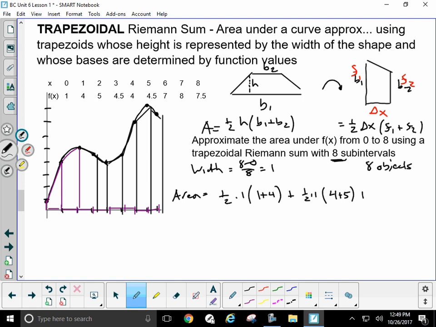I'll do two more, 1/2, 1. Next one is 5 and 4.5. And then we can dot, dot, dot. And the last one, 1/2, 1. That should be a times, not a plus. And the last two heights are 8 and 7.5.